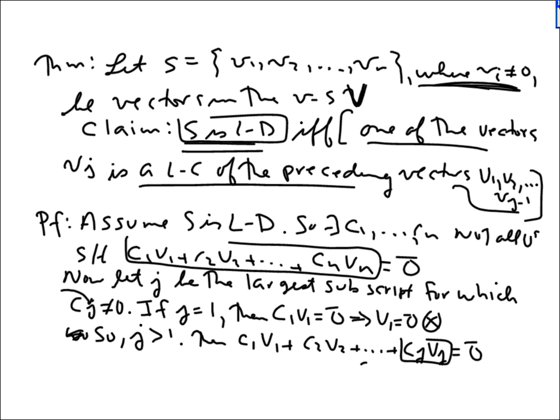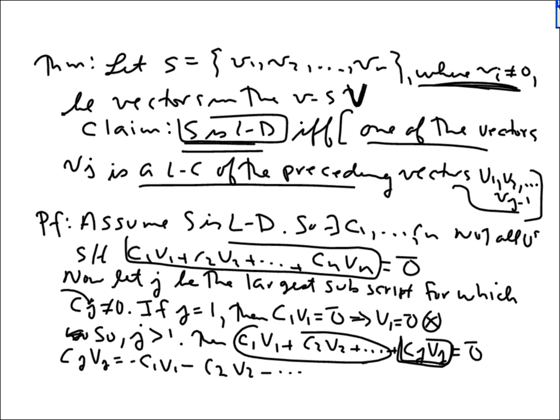You want to show that vj is a linear combination of the preceding ones. But that's not a problem at all anymore. cj is not 0. So solving for this, bring all of these other terms to the other side. So cjvj is negative c1v1 minus c2v2 minus, including the term right before, cj minus 1 vj minus 1.